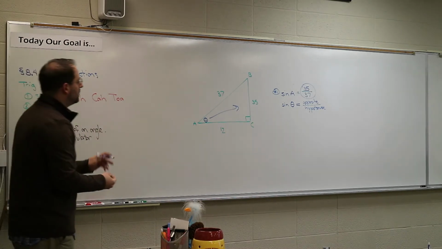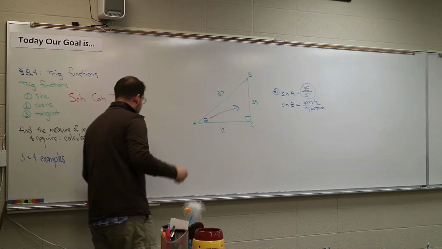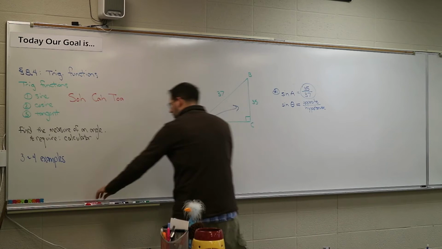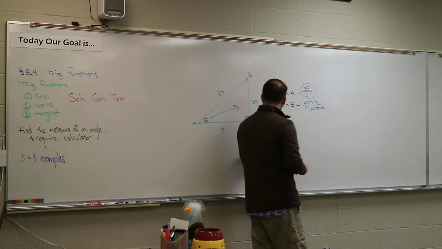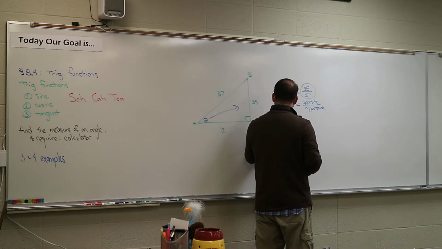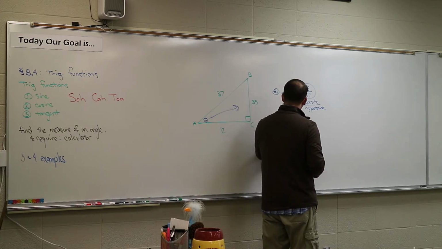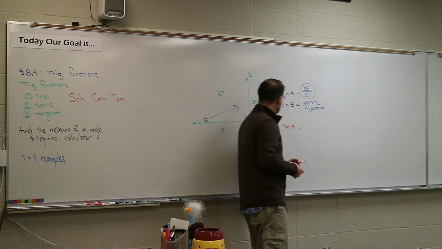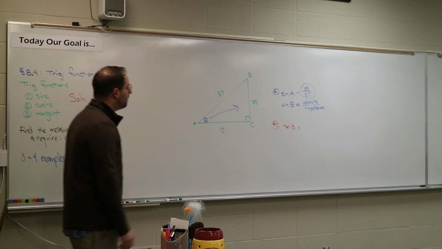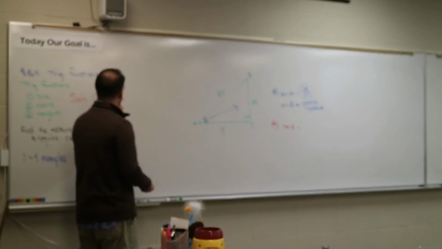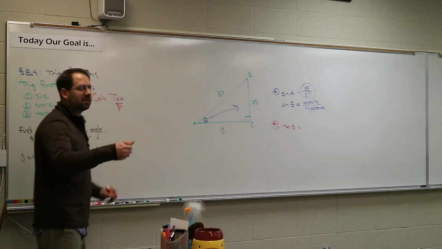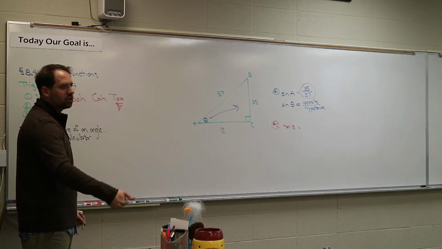Okay, let's do another one, just so you can get familiar with it. So I want to do a couple of these at least. So number 2, let's say they want the tangent of angle B. So tangent of B. You've got to be thinking in your head, what does tangent mean? Well, tangent is TOA, okay? And what's the fraction that you'd put after tangent?